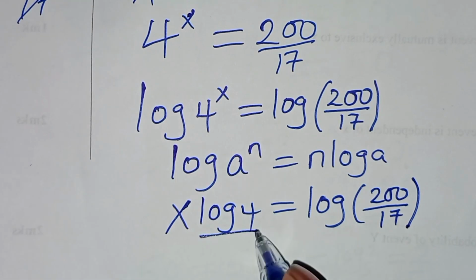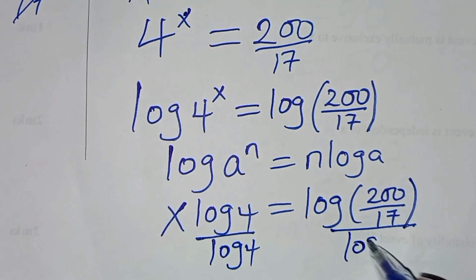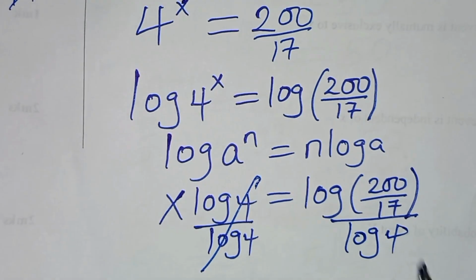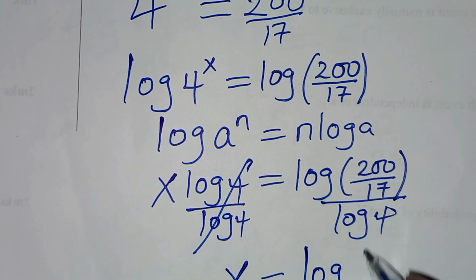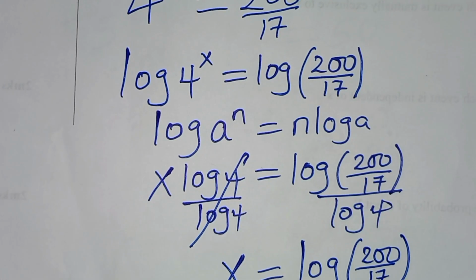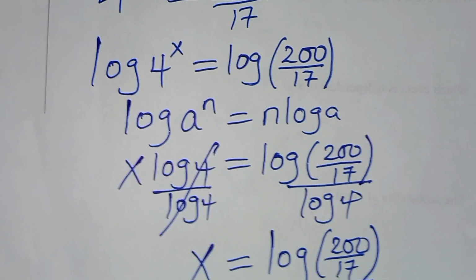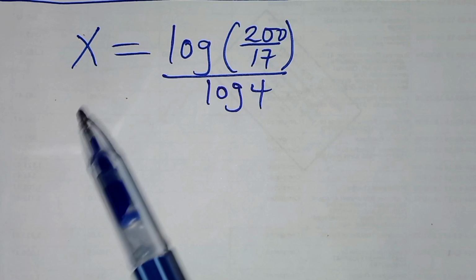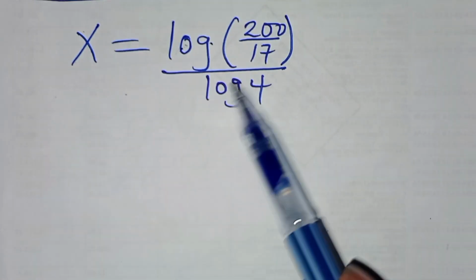So let's divide both sides by log 4. So that now the value of x is equal to log of 200 divided by 17, then divided by log 4.